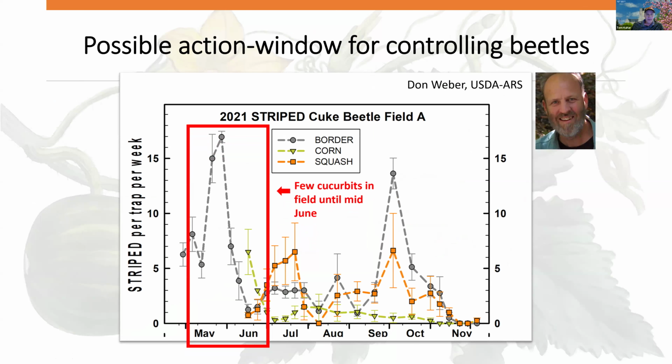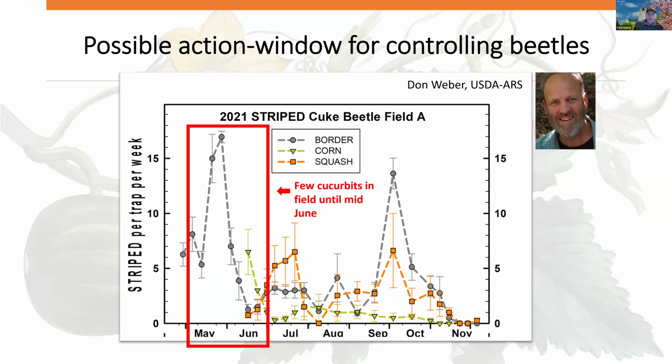But one thing I want to point out here, so this is beetles attracted to vittatalactone over time. And this kind of gives you a snapshot of the season. Now, what I want you to cue in on here is in the red box, which is there is a peak of beetle activity in May that happens before, very likely, there are any cucurbits even around yet.